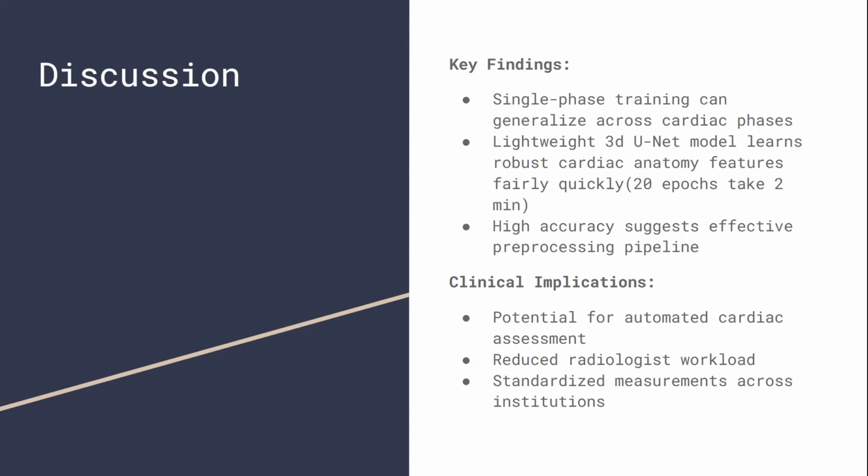It only takes about 2 minutes, and it has really high accuracy. This may suggest effective pre-processing, but also suggests some error from the class imbalance. Clinically, this could potentially be used for automated cardiac assessment, reduce the radiologist workload, and standardize measurements across institutions.